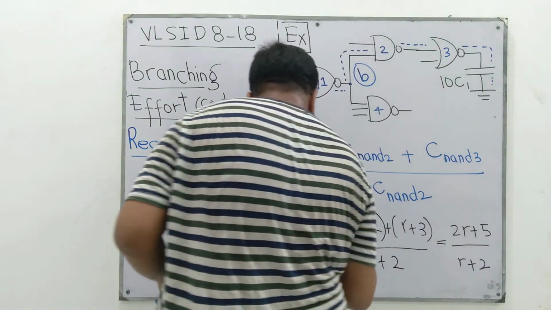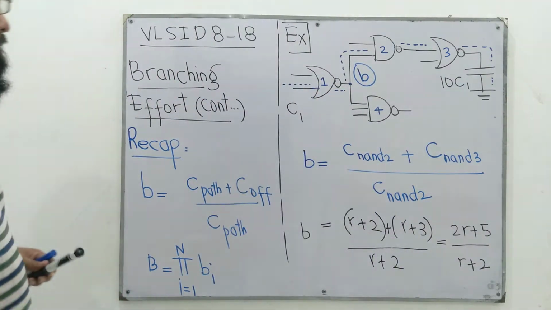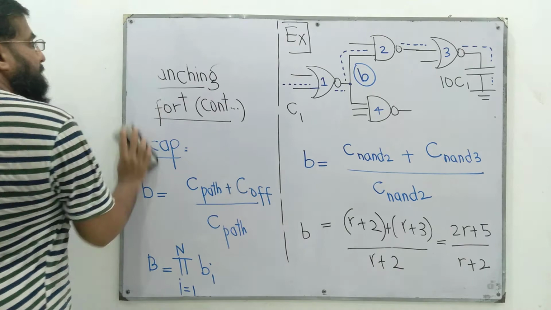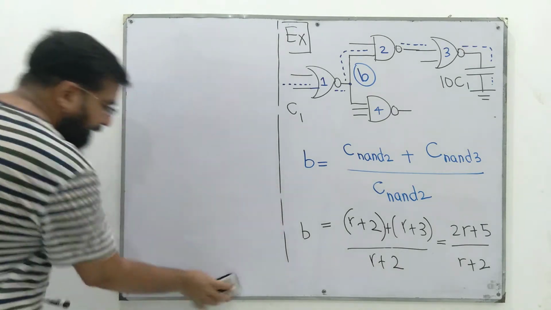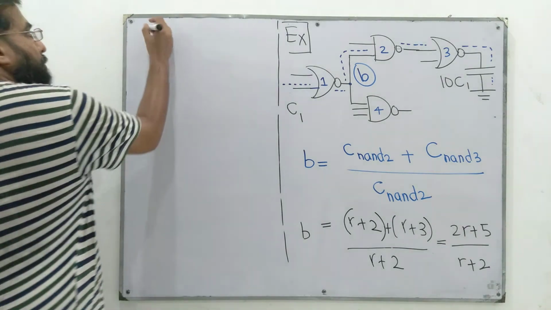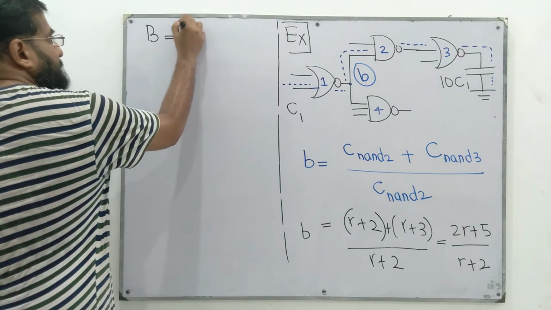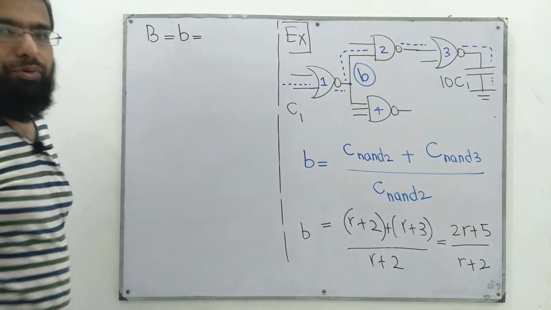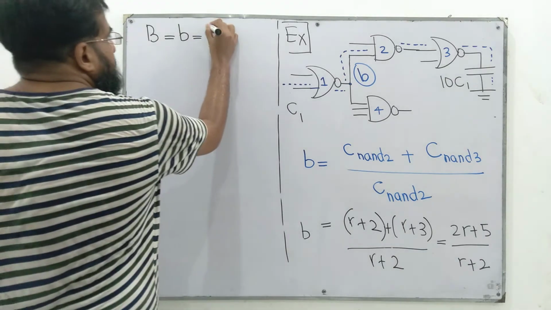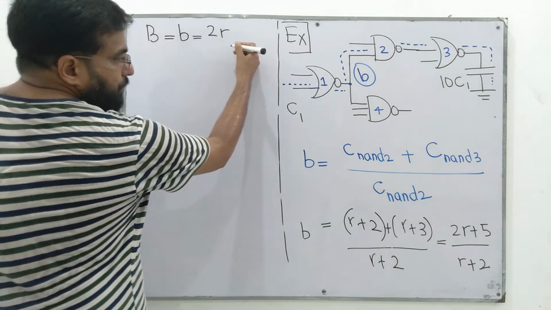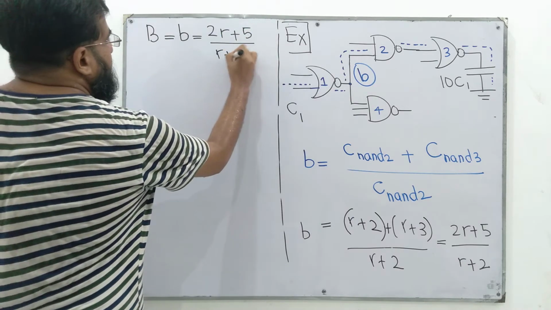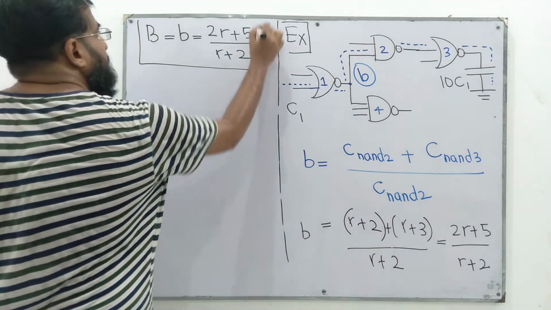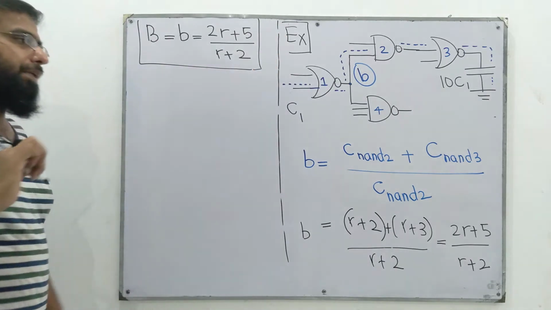This is small b. Since we have only one place where there is branching, the capital B, the product of all branching efforts, is the same as small b, only in this case where we have only one branch. So this is capital B.